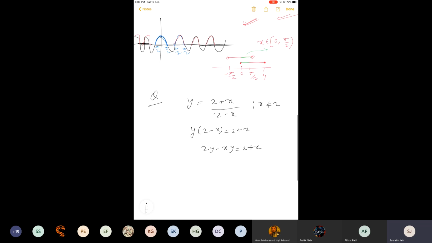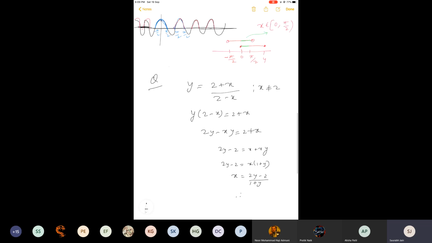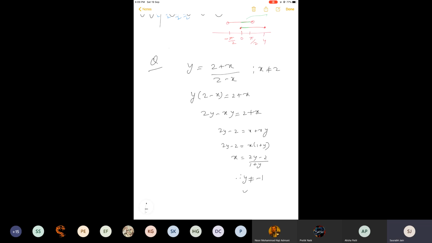From here, write x in terms of y. Write x in terms of y. 2y minus 2, take x common, this is 1 plus y. x equals 2y minus 2 upon 1 plus y. What is the range? y not equal to minus 1. y not equal to minus 1 means y belongs to R minus {minus 1}. This is the answer.